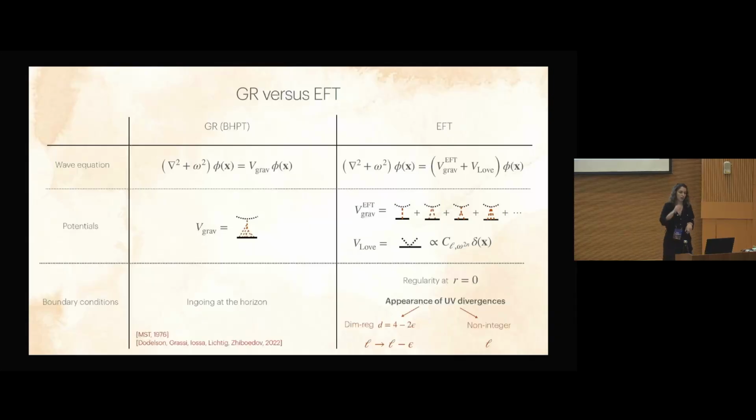Okay, what about boundary conditions? In GR, we know there's a horizon. This is a second-order differential equation. We can solve it and impose the ingoing boundary condition at the horizon, as is the case for solving the Teukolsky equation. So what are the boundary conditions that we naturally impose in QFT? If you take the Feynman propagator, go to partial wave space, and look at how it behaves at r equals 0, you'll find that it vanishes.